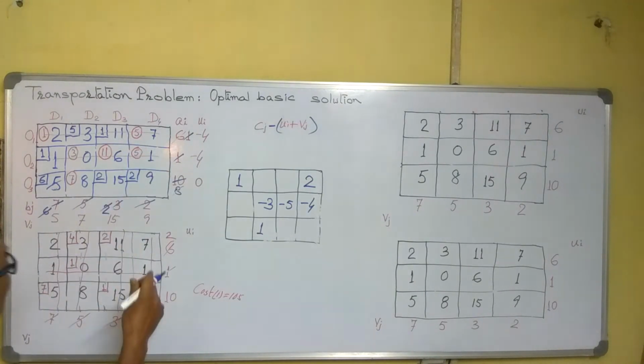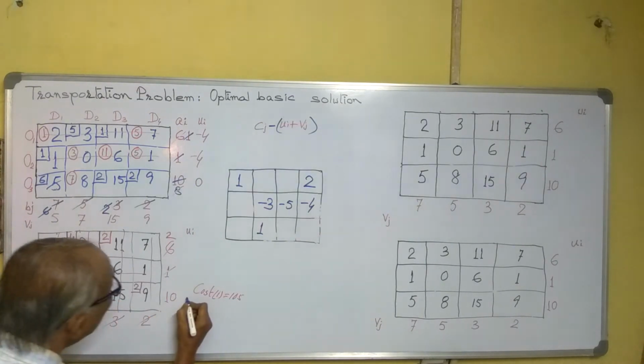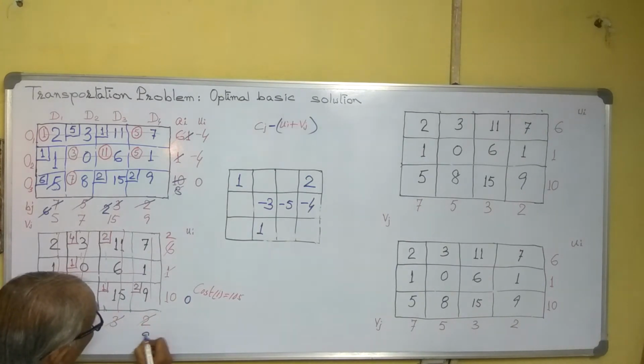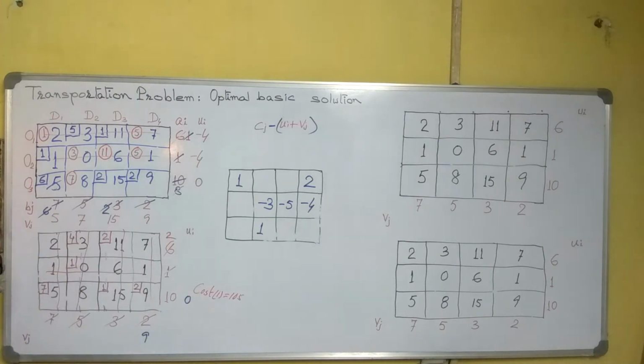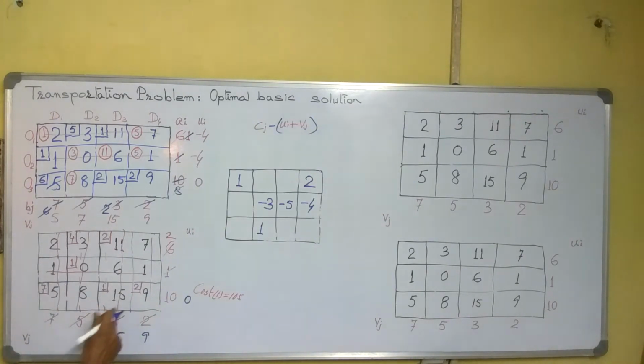Again we will find that there are 3 here, so we will take 0 here. Now see 0, 9, 0 plus 9 plus 0 is 0. For here 15 is there, 0 plus 15 is 15. Here 5 is there, 0 plus 5 is 5.